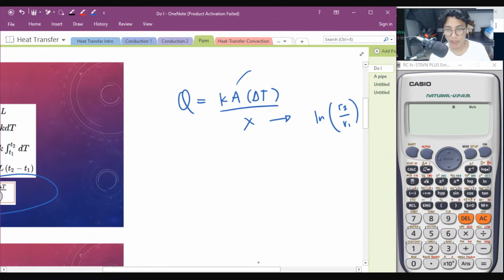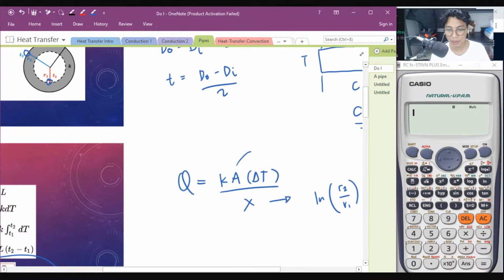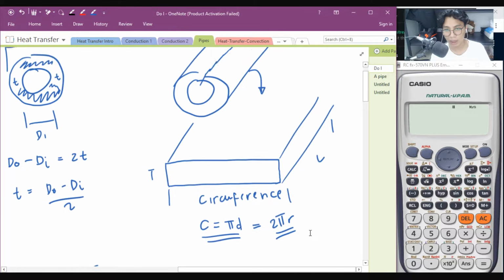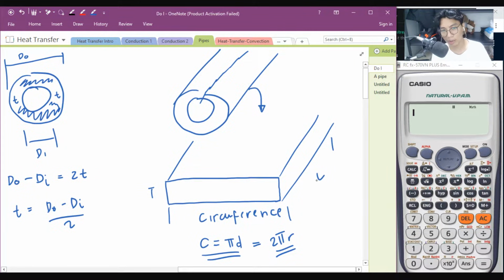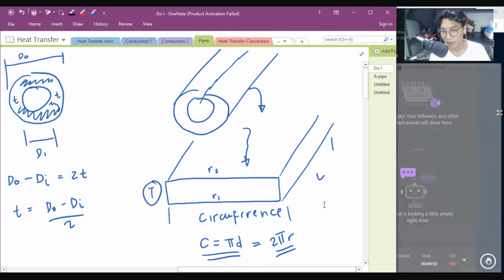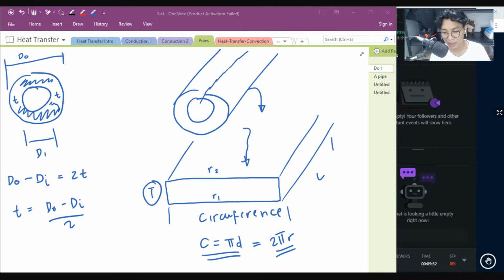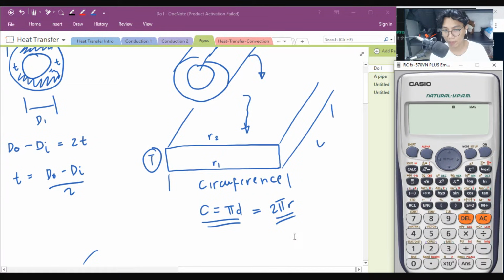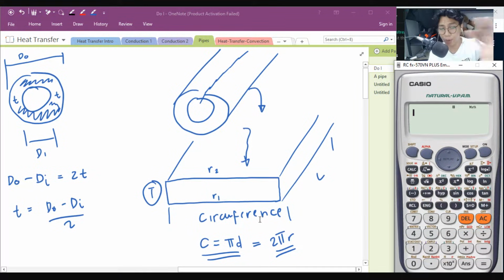Kapag pinroject mo, 'di ba, sa walls, ano ba yung nag-pass through ka diyan? Binuyang-yang mo ito, kinat mo dito, ngayon yung heat mo will flow from here up to here, and then the thickness is yung ratio nung radii. Yan. Okay? Kung hindi nyo nagigets masyado, okay? Papaliwanag ko ulit. Yung rolyo, okay? Di ba?